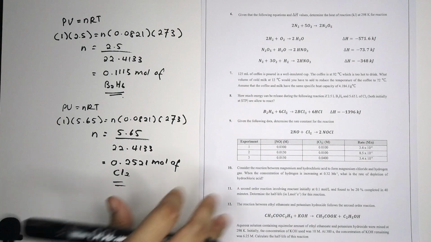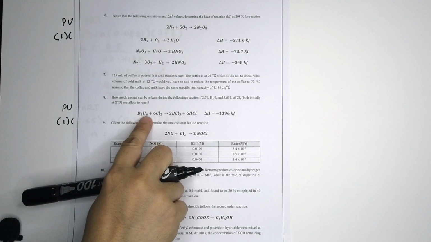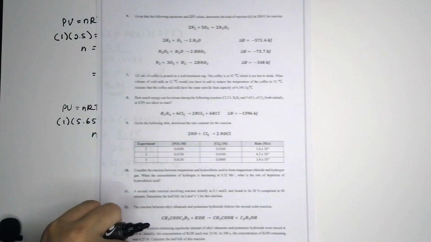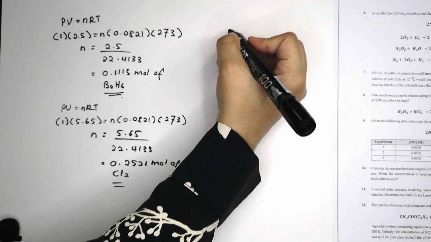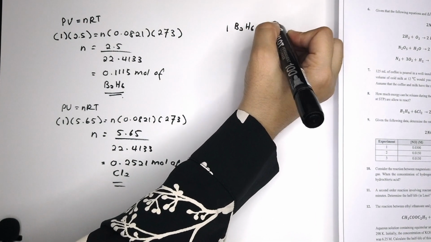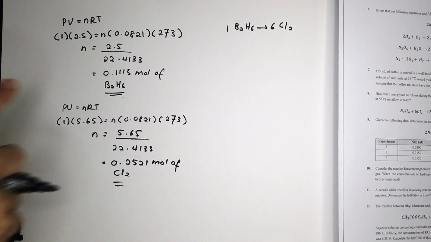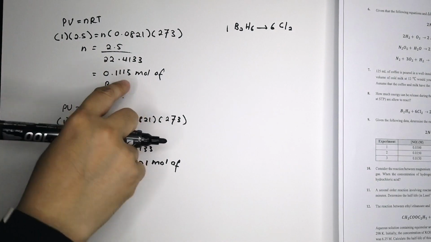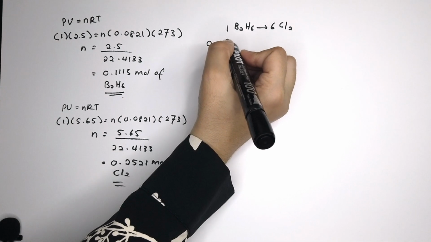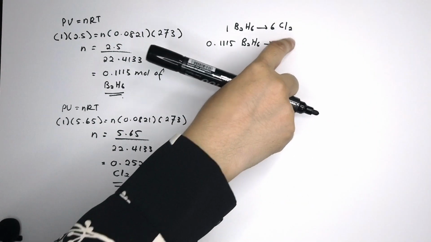Right. So from here, you are going to look back at the chemical reaction. 1 B2H6 shall need 6 Cl2. So I'm just going to use the first number here. If you have 0.1115 mole of B2H6, how much Cl2 do you need?